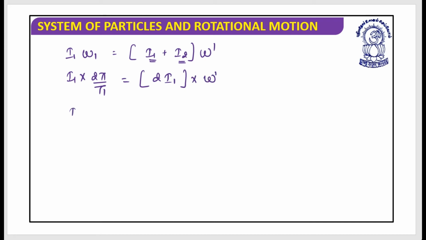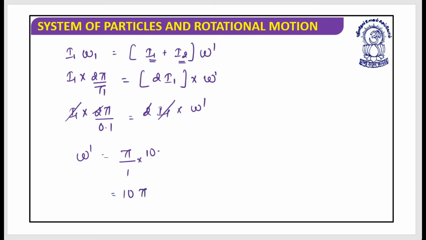So I1 multiplied by 2 pi divided by T1, where T1 was 0.1 seconds, equals 2I1 into omega dash. This I1 cancels out, and the 2 cancels out, so omega dash equals pi divided by 0.1, which is 10 pi radian per second. This is the required angular velocity.